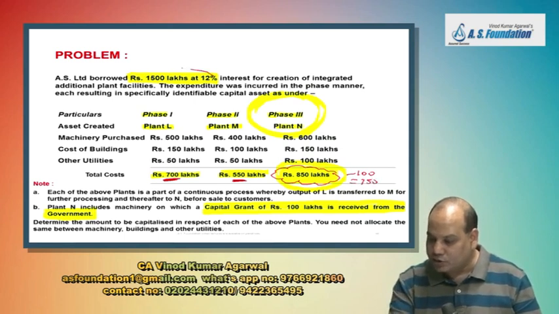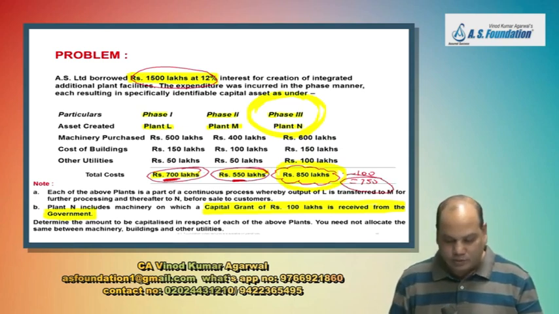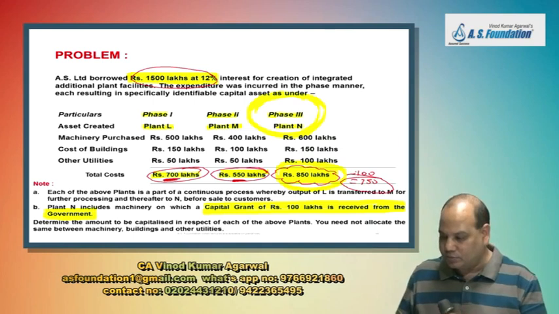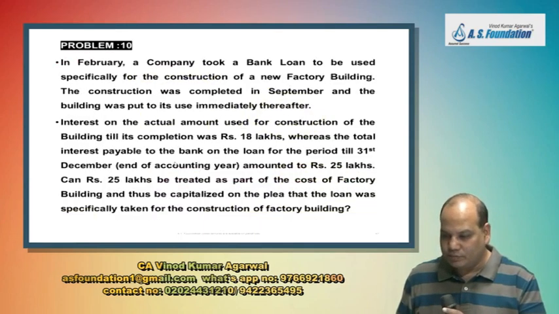So this interest that we have incurred will be allocated in the ratio of 700, 550 and 750. Okay. Determine the amount to be capitalized in respect of each of the above plants. You would need not allocate the same between machinery, building and other utilities. That later can be done but not required as a part of the answer.